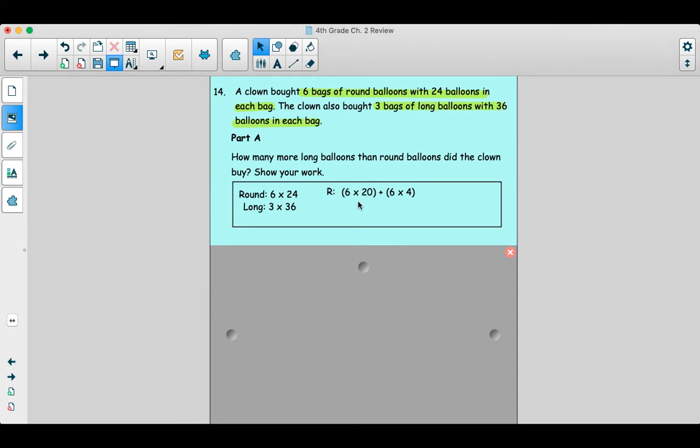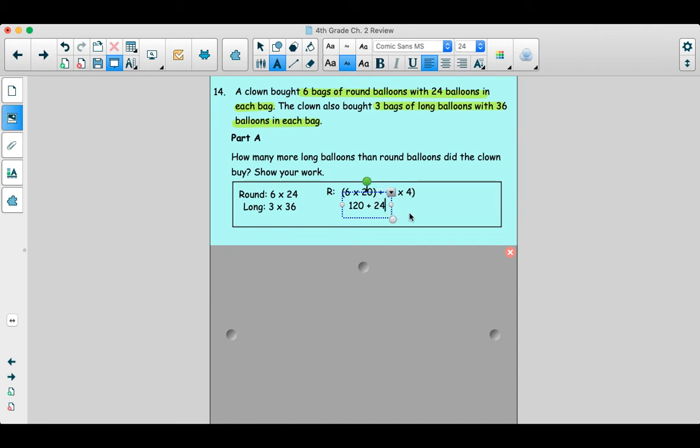Okay, so 6 times 20. I know 6 times 2 is 12, times 10 more is 120. So 120 plus 6 times 4, I just know that fact. That's 24. Add those together, and that equals 144.